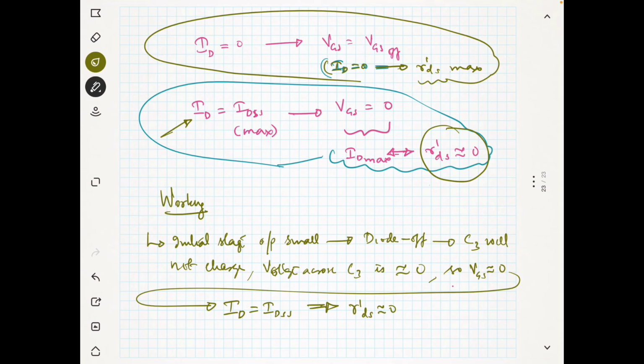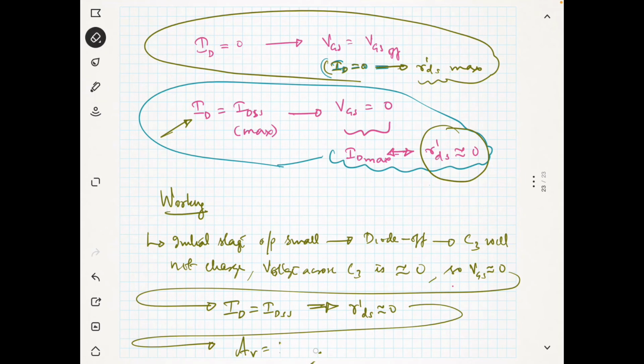If R dash ds is approximately 0, then the voltage gain is 1 plus Rf by R3. So the gain will be maximum.